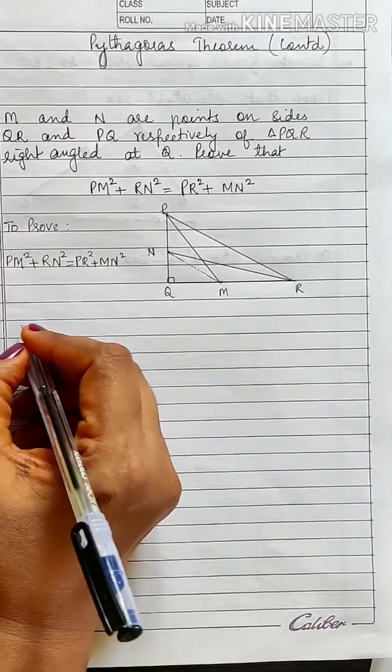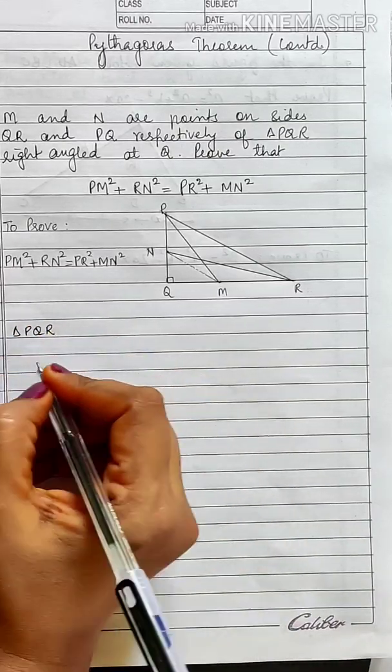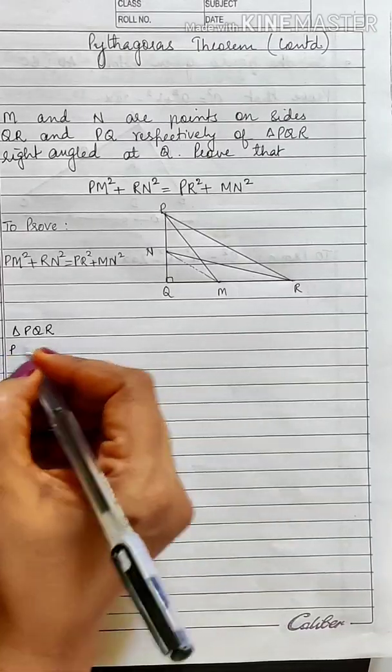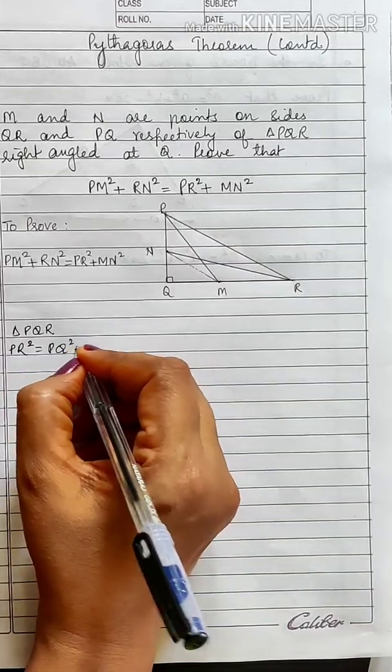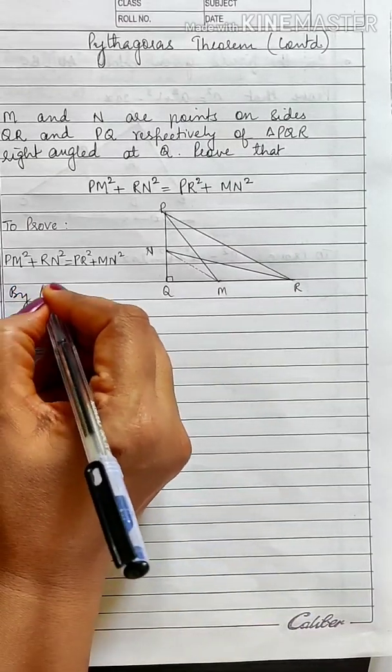First, to begin with, triangle PQR. When you apply Pythagoras theorem in the triangle PQR, we get PR square is equal to PQ square plus QR square. This is by Pythagoras theorem.